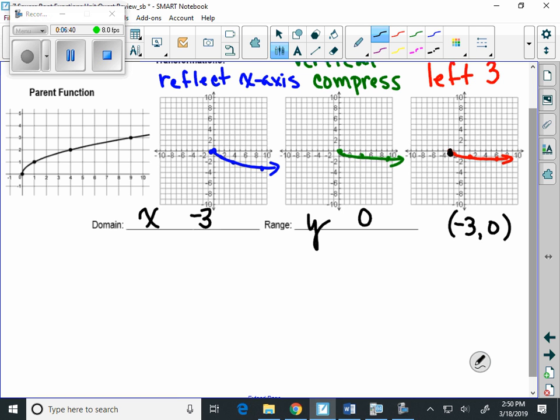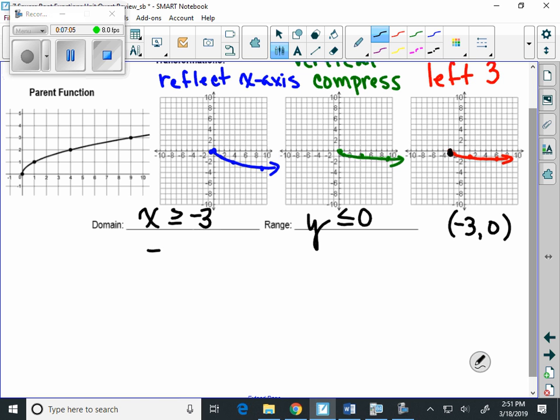Just like the previous problem, all of the points, all of the red parts of the graph, compared to that black point, are going to the right. It's going to be greater than or equal to -3. And all of the y values of the red part of this graph are below the black point, so this is going to be less than or equal to.